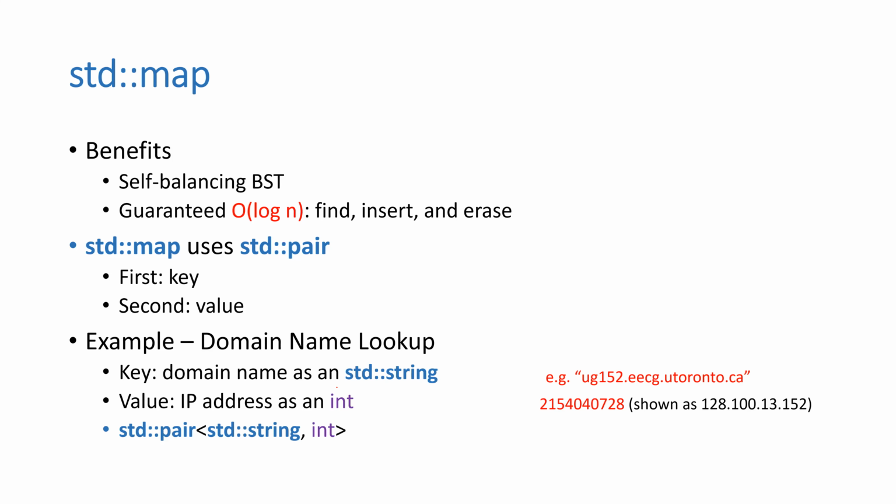So what's good about using std::map instead of writing your own binary search tree? Well, it's templated, so you can use it for any data type you want, rather than writing a whole bunch of different binary search trees for different types. It's probably better than the binary search tree that you would write yourself as well.